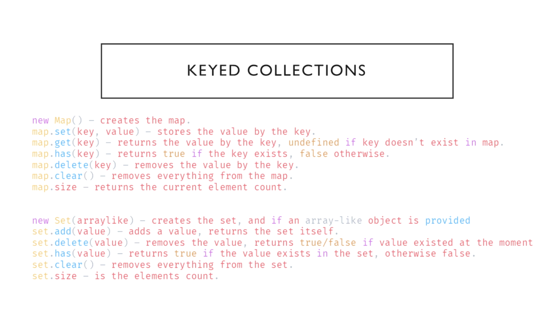Now, a Set is also a special type of collection. It's a set of values without keys, and the difference from Map is that each value may occur only once. That means that there are no duplicates. You can imagine a Set on a simplified level as an array that only stores unique values.